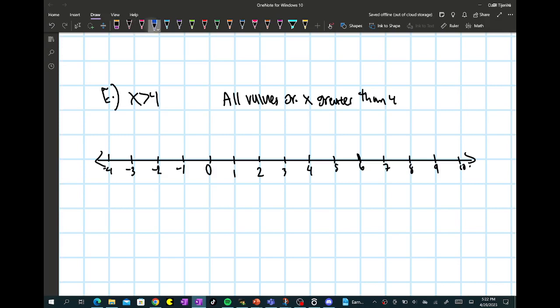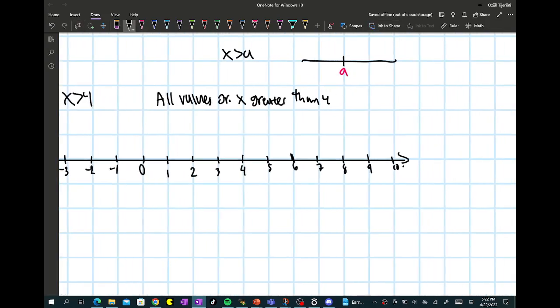Okay. So the way that we would do this is, and we know that x is greater than a, right? When x is greater than a, the way that this would look on the number line is, here's a, and we would go ahead and say an open circle at a, and then going to infinity.